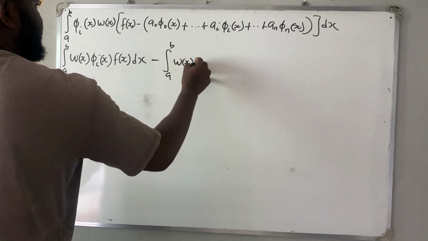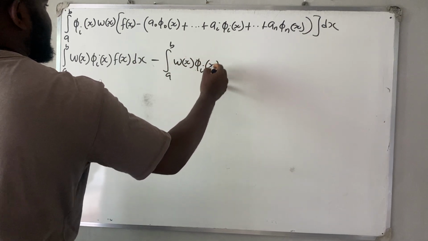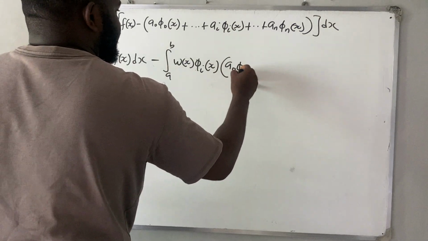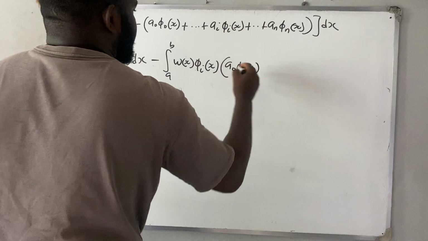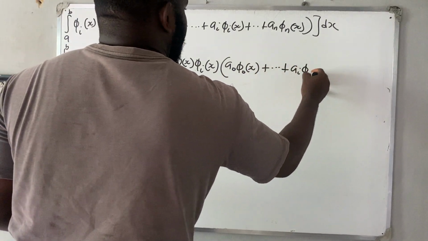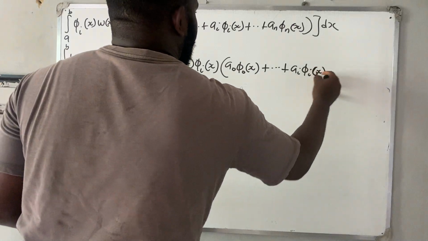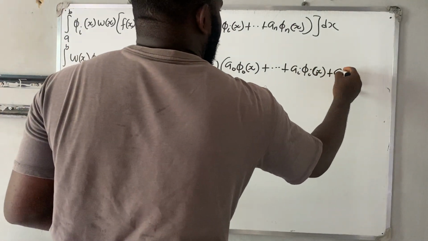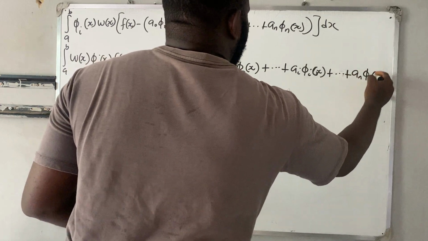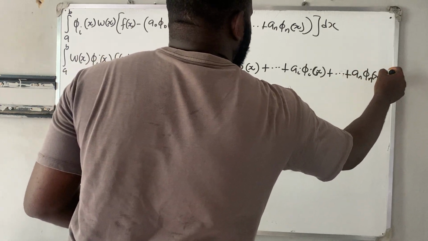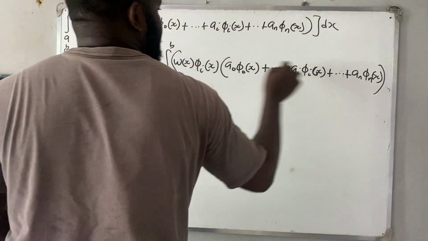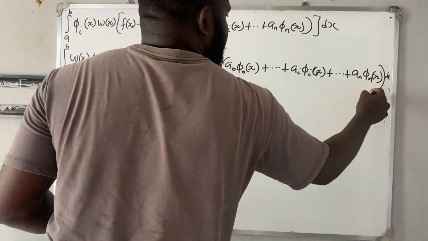Weight function of x, phi i of x, then into all these terms here, which is a naught phi naught of x, plus dot dot dot plus a i phi i of x, plus dot dot dot plus a n phi n of x, then I put my dx, everything dx.